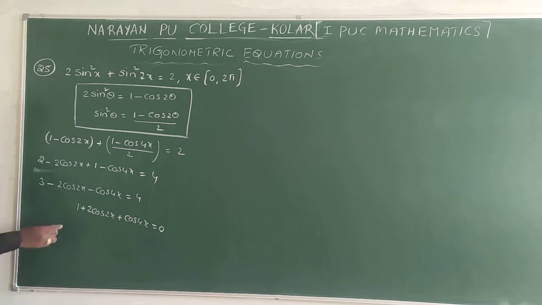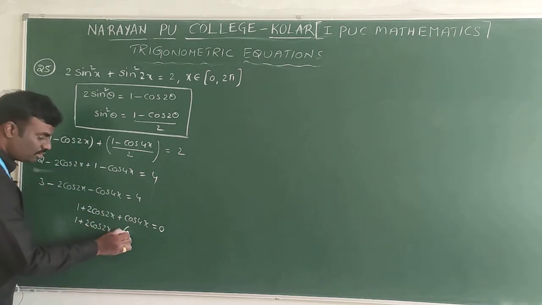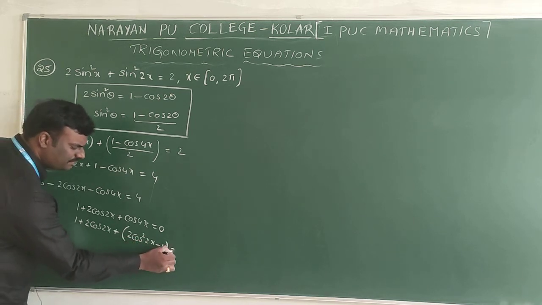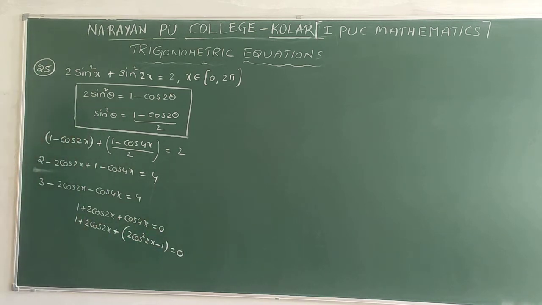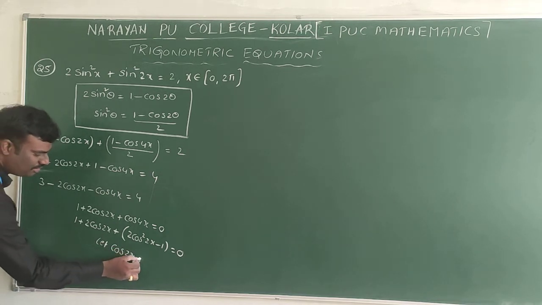Now from this, cos 4x can be written as 2 cos square 2x minus 1. Now this equation is in terms of cos 2x. That's why I am taking let cos 2x is equal to k.